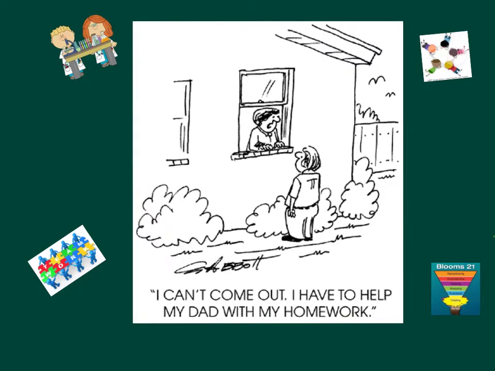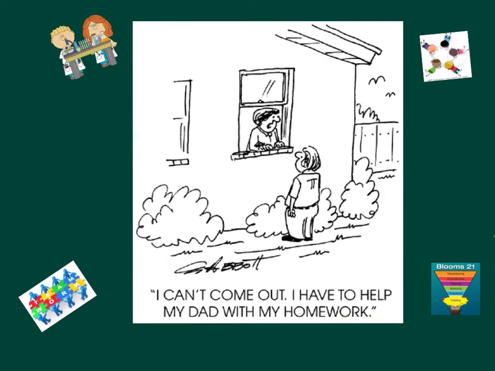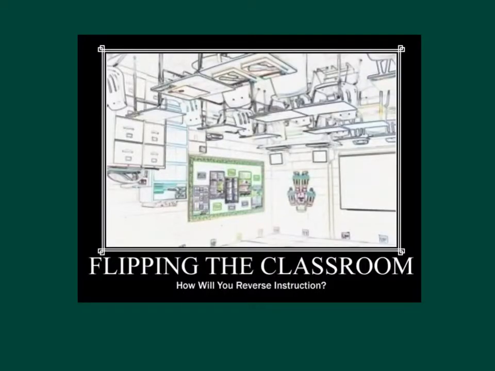I think this little cartoon says a lot. So now the question is not why flip my classroom, but how. How will I implement this strategy? How will I reverse my instruction? How will I accomplish this without turning my world and my students' world upside down?